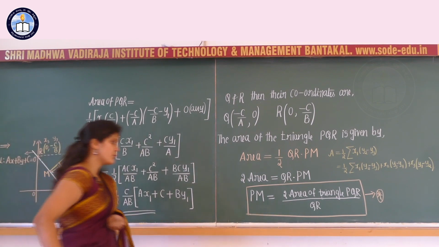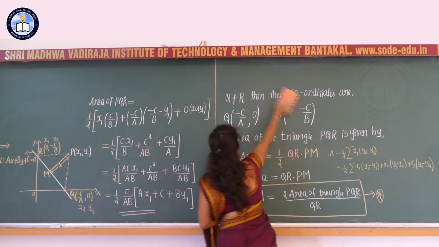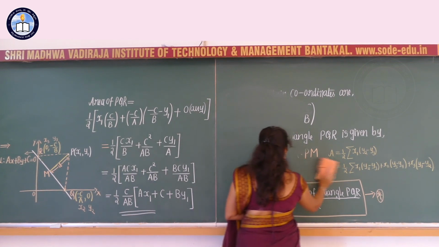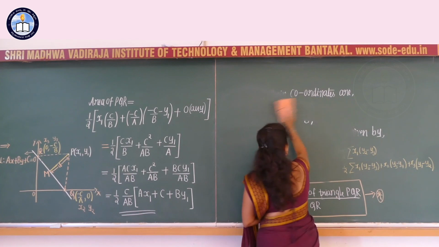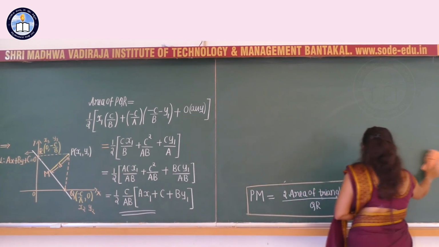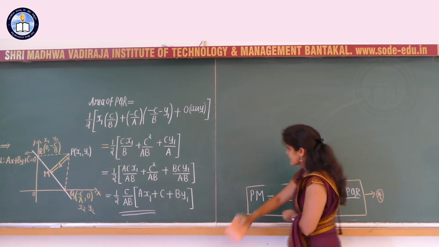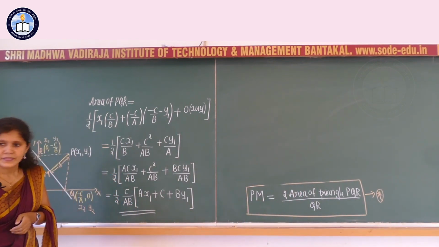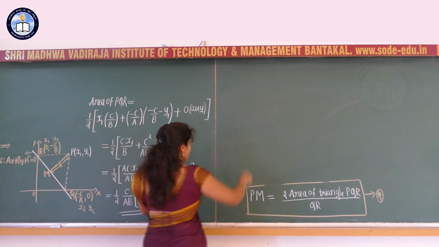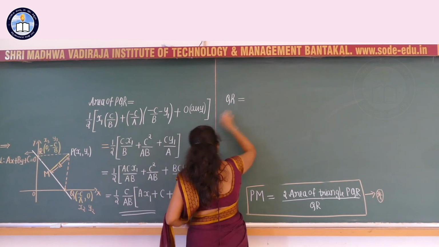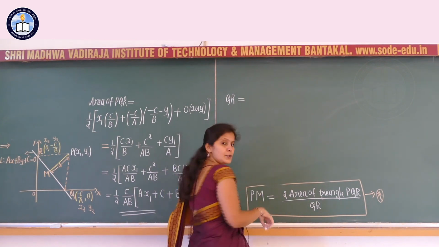That is numerator term we have completed. Area of the triangle PQR is this term, correct? So now let me find out the denominator term. Denominator term is nothing but QR. What is meant by QR? We can find out the distance between the 2 points Q and R, and QR, that is the base of the given triangle. So distance between the 2 points Q and R is given by, what is distance between the 2 points?